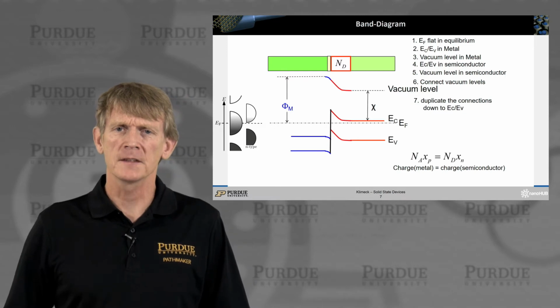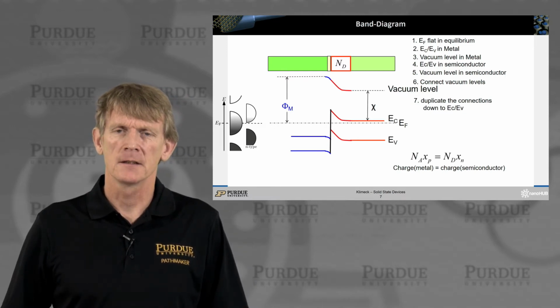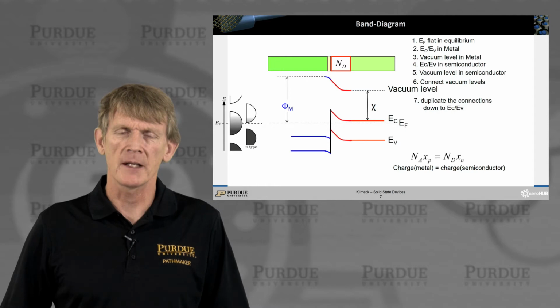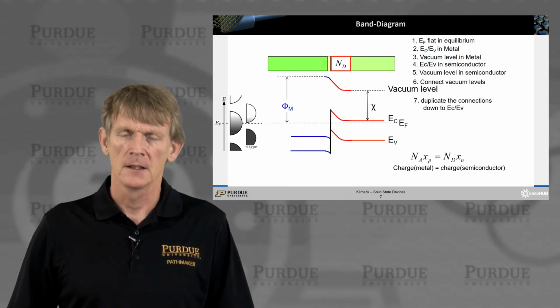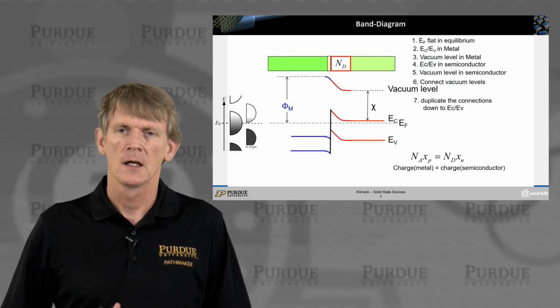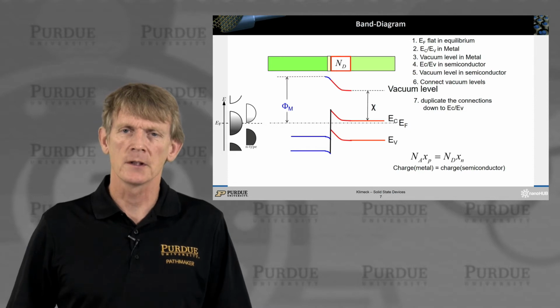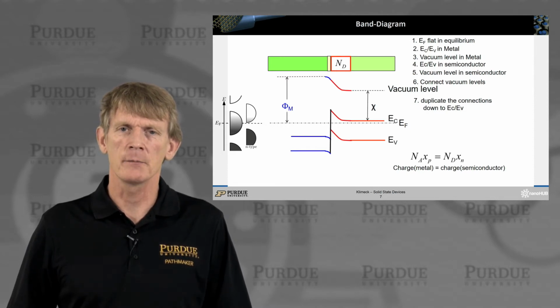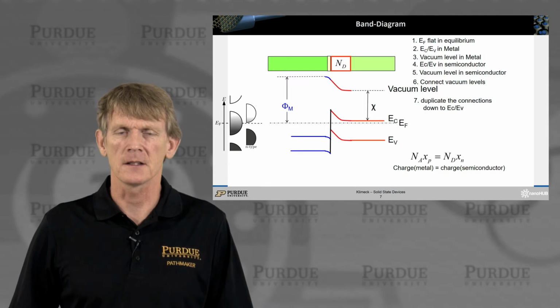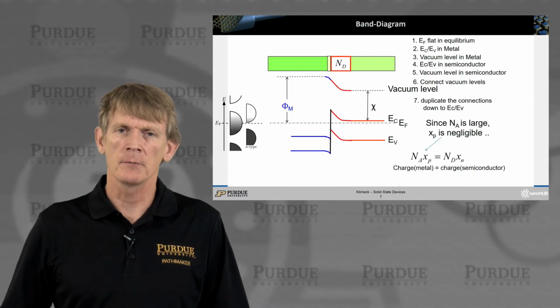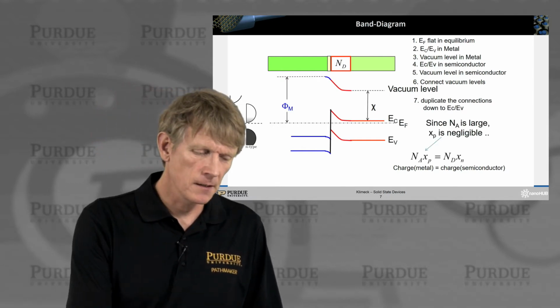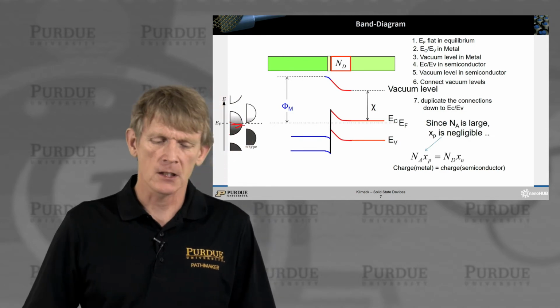All right. What is the same is that, again, the dielectric displacement field needs to be continuous, which results in this charge neutrality condition here, where the number of exposed donors on the semiconductor side needs to be balanced by the charges that are showing up in the metal. So we do keep in mind again that the density of states in the metal here is much, much larger.